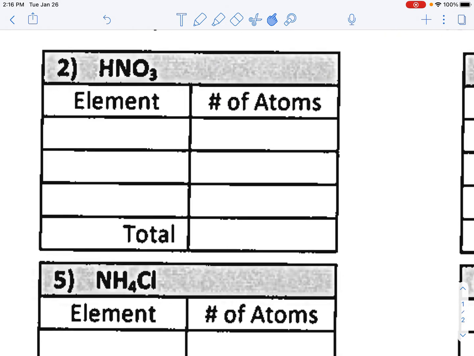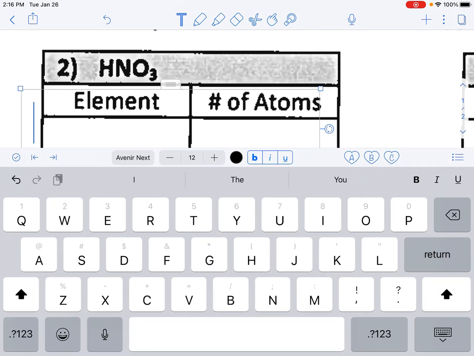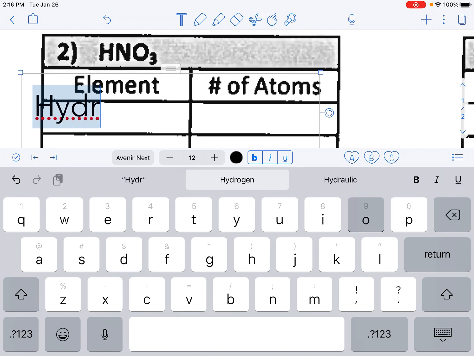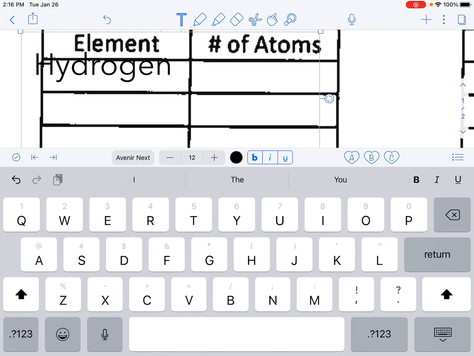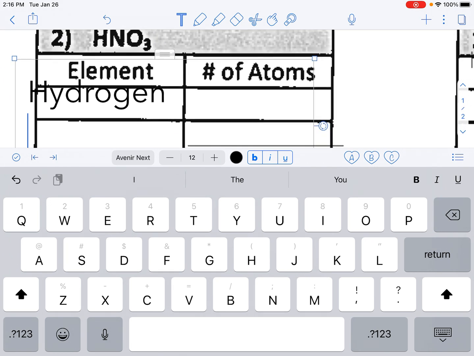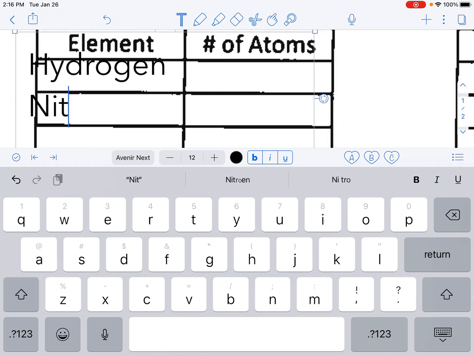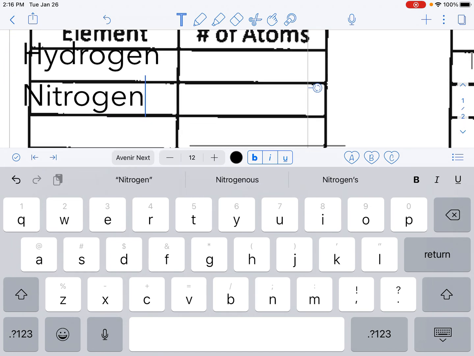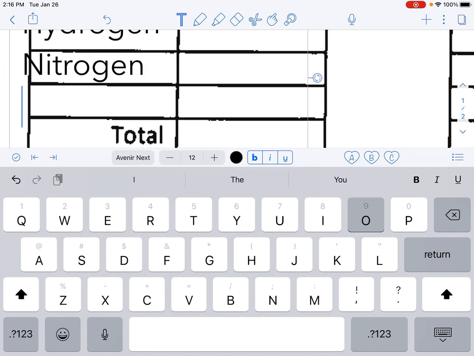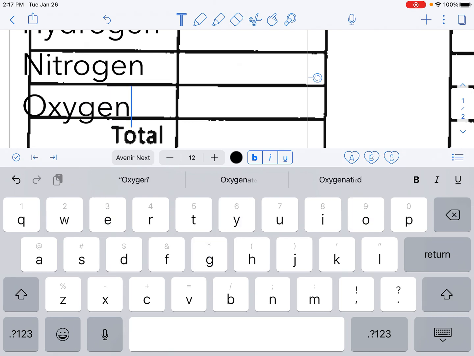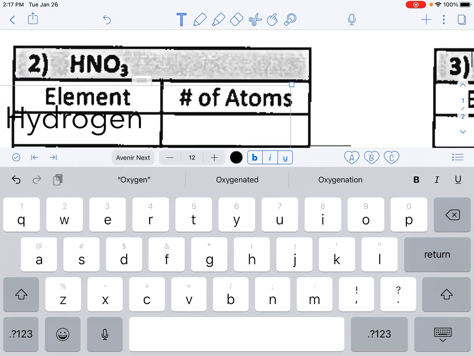Again, my elements are hydrogen, H, and then I have nitrogen, N, and then I have oxygen, O. From there, now I do have that little subscript.